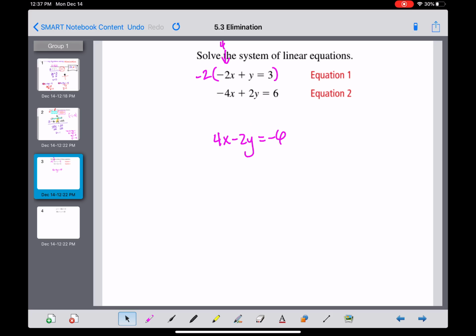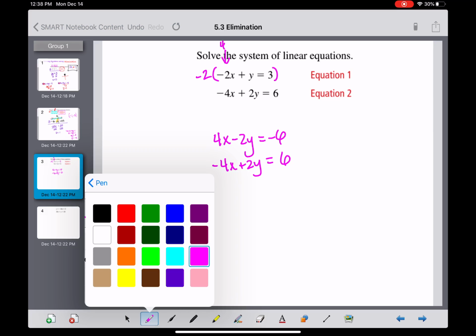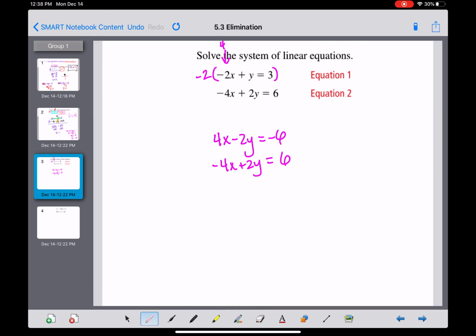So once again, I'm going to reorganize my work by writing equation number 2 underneath. And I'm going to add my columns together. Now, this is going to end up being a special case because when I add 4x and negative 4x, my x variables get canceled. When I add negative 2y and positive 2y, my y variable gets canceled.